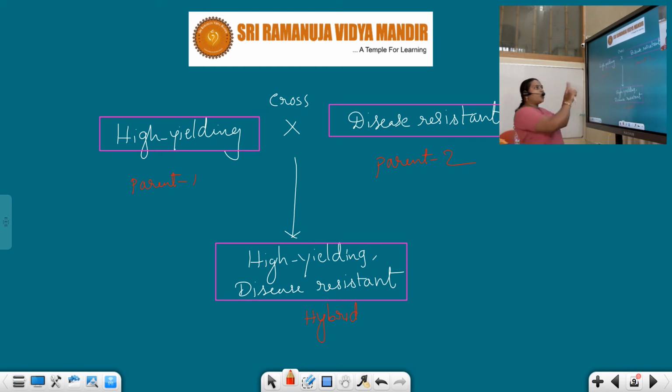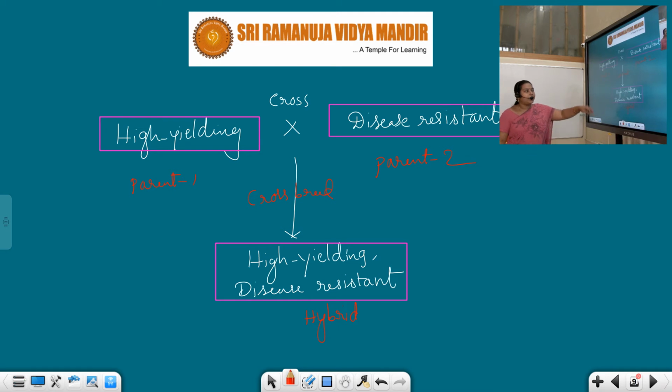Now I want both the characters in the upcoming new progeny. So what I'll do is crossbreed both these plant varieties, or parent varieties.